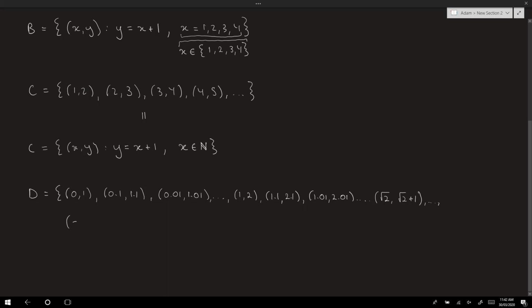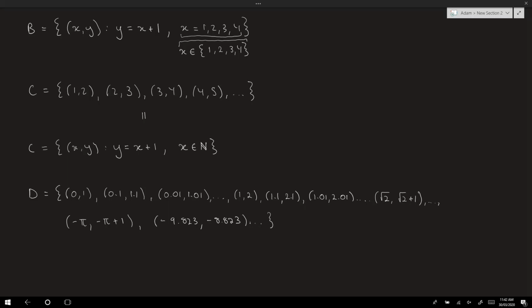Let's say negative pi, and the y value would be negative pi plus 1. Or I could have something like negative 9.823, and the y value would be negative 8.823. And I could just continue writing out a whole bunch of different types of ordered pairs.